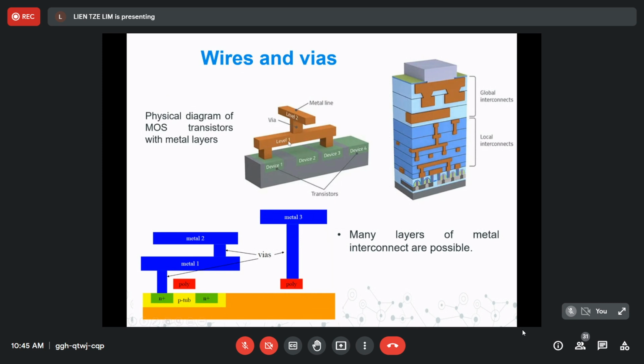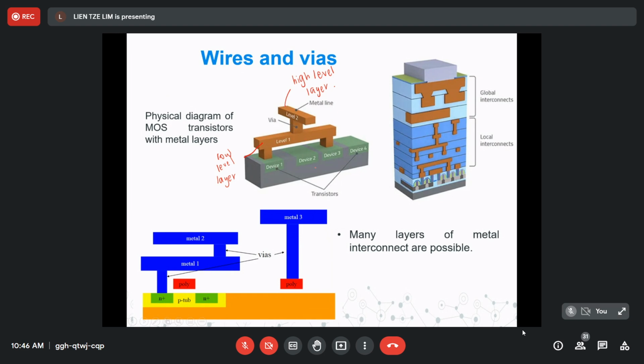Level 1 we normally call a low level layer. Metal 2 is a high level layer. This is a very simple diagram of a MOS transistor with the metal layers.